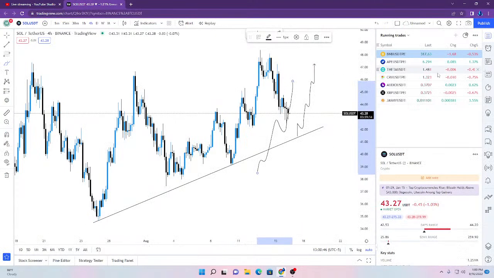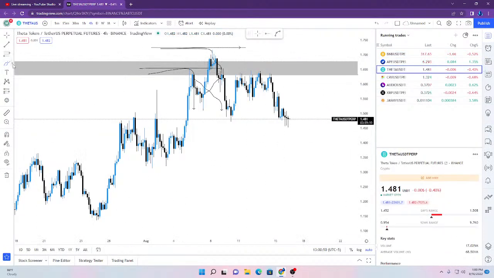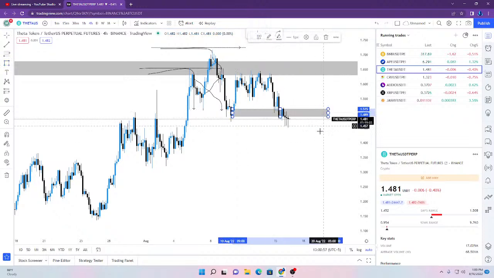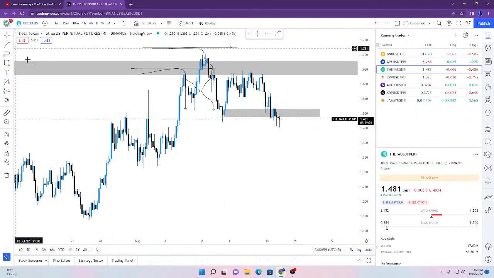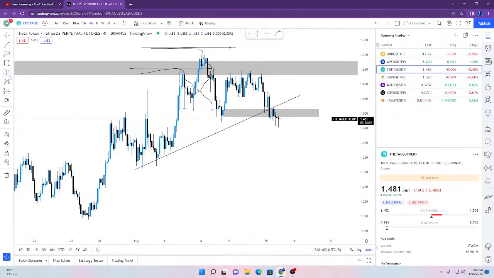Okay, let's go and see Theta. Oh, Theta is not doing that good, but anyways, Theta got to this order block. It's breaking towards the downside. What we see for Theta was this: we gave a proper retest, and here we go, a short is ready.